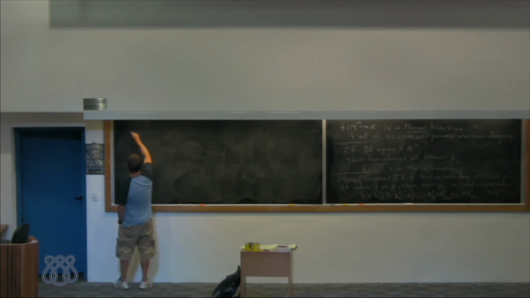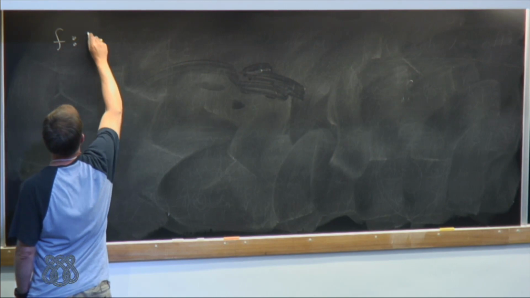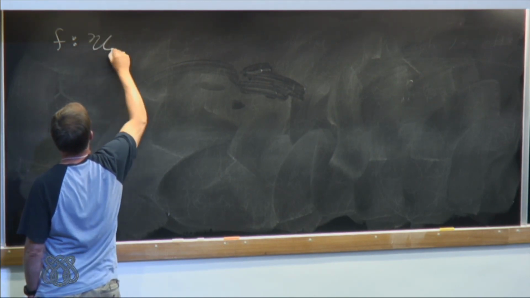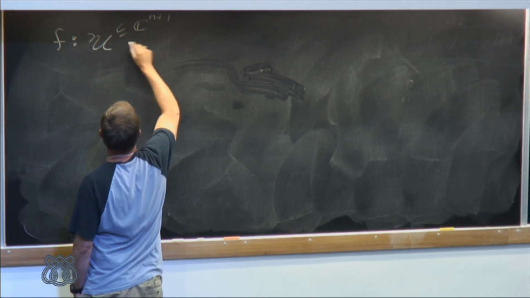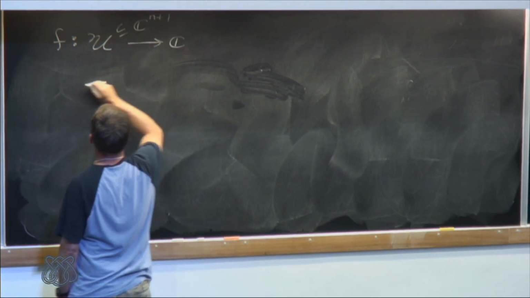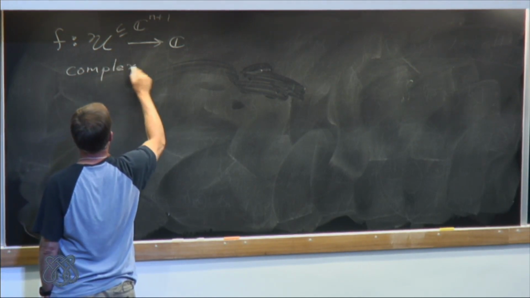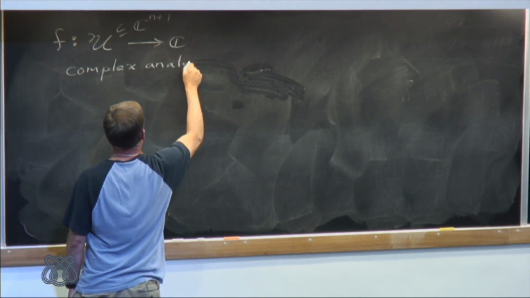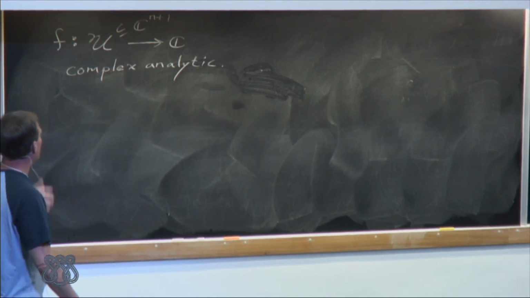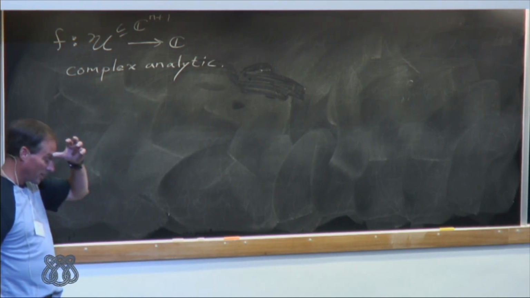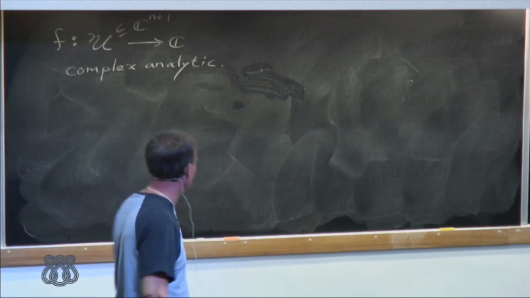Suppose now, I really shouldn't use F all the time, but I'm kind of hooked on it. Suppose now we return to our U, an open subset of C^(n+1), and this is complex analytic. You could define complex analytic non-degenerate just in terms of its Hessian matrix.